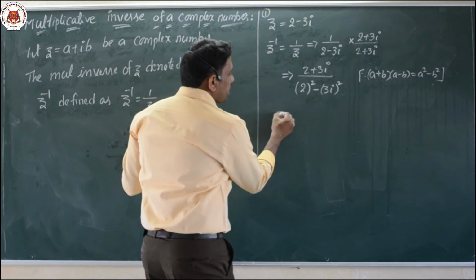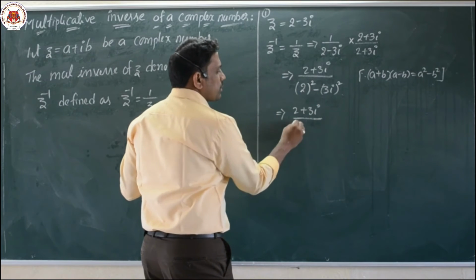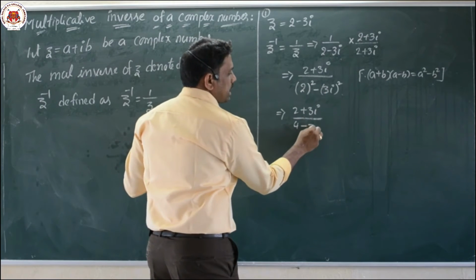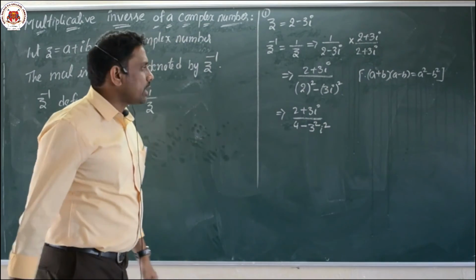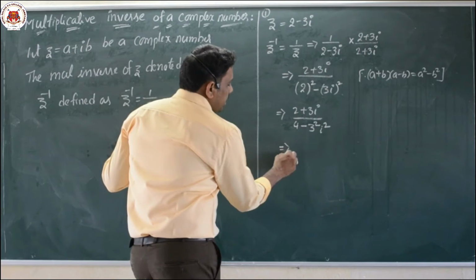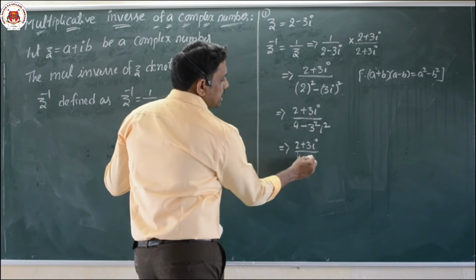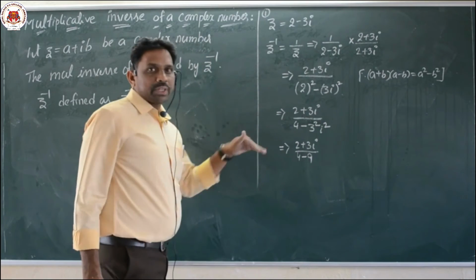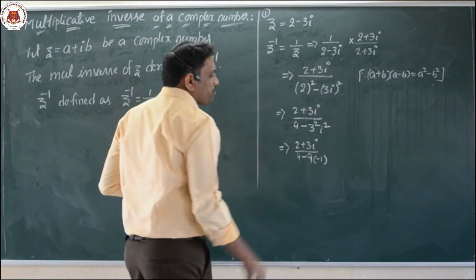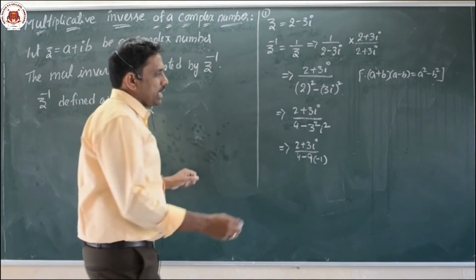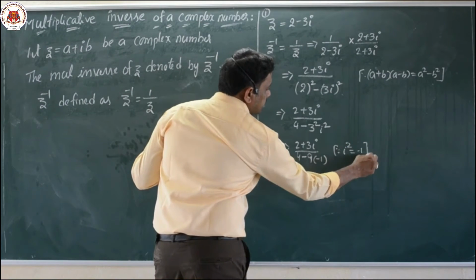So we write 2 plus 3i by 2 square, which is 4, minus 3 square times i square. 3 threes are 9, and we know the i square value is minus 1.